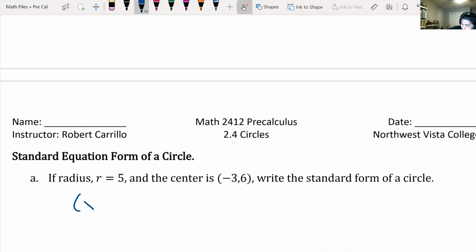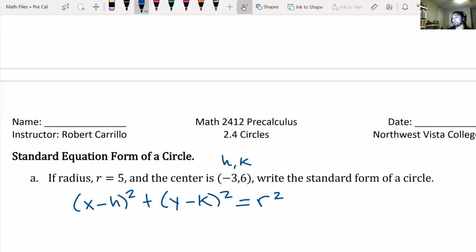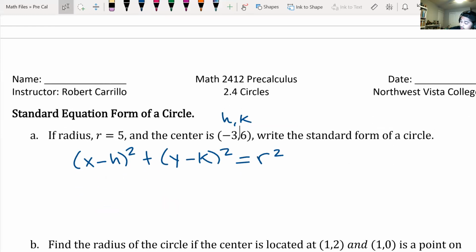So we know the standard form of a circle is given by (x minus h) squared plus (y minus k) squared equals r squared. And (negative 3, 6), the center, we know that this is given as (h, k). So all we have to do, simple enough, is just plug in h, plug in k, plug in r, and that's as easy as it can be. This is just getting the standard form when you are given the pieces.